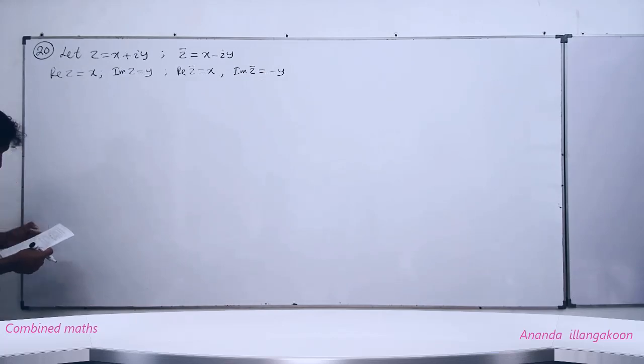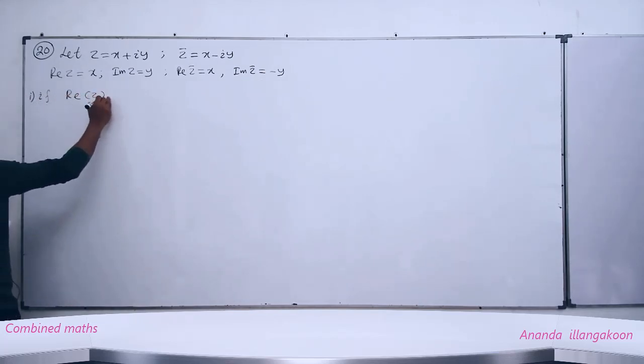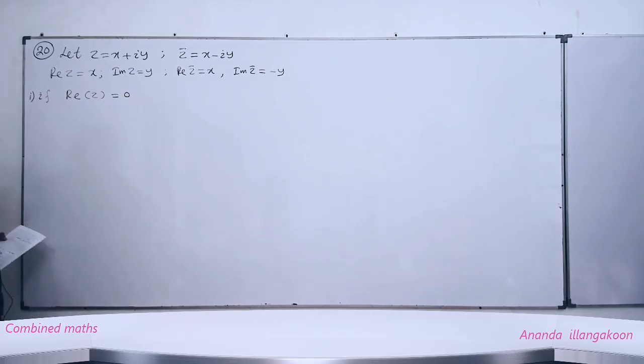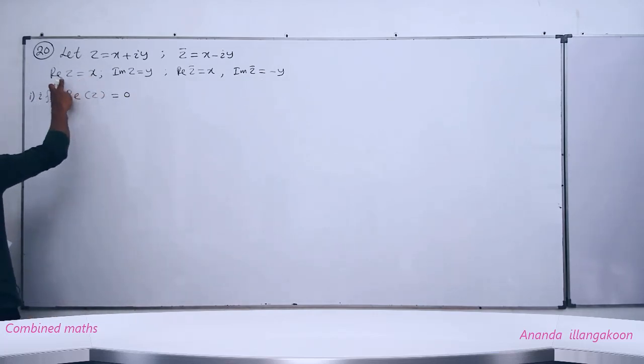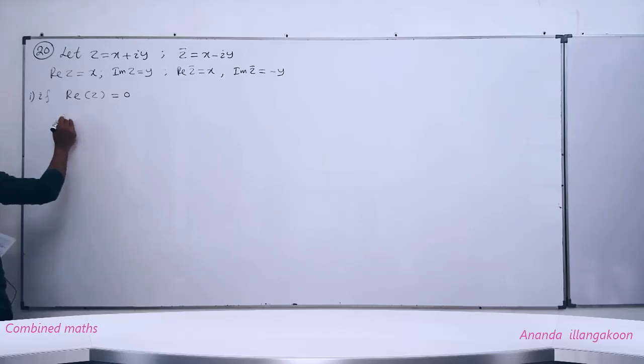Right. Now asking to prove this way. First one. If real part of Z is 0, if real part of Z is 0 means, people, what is x? Real part of Z means x, no? Then I can put for this real part of Z this x. This implies x equals 0.